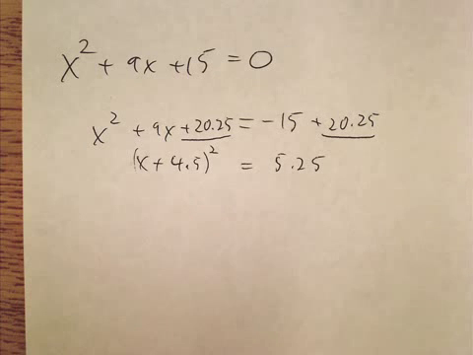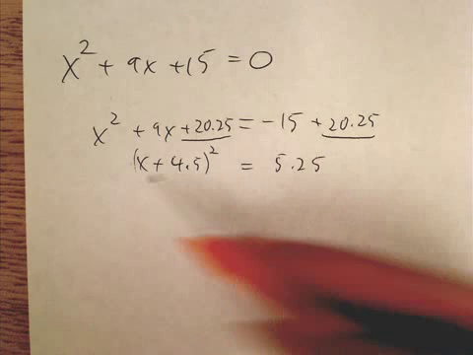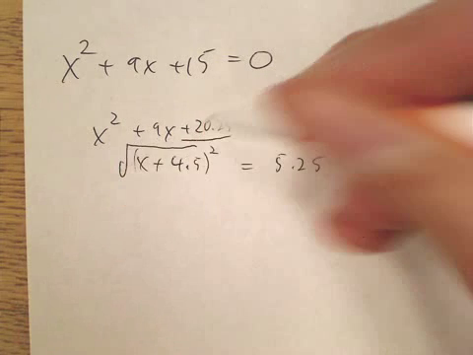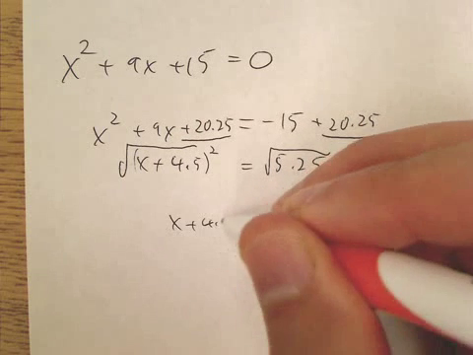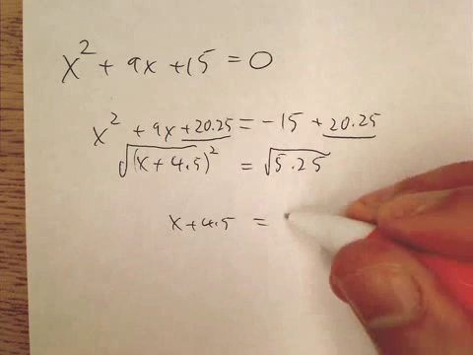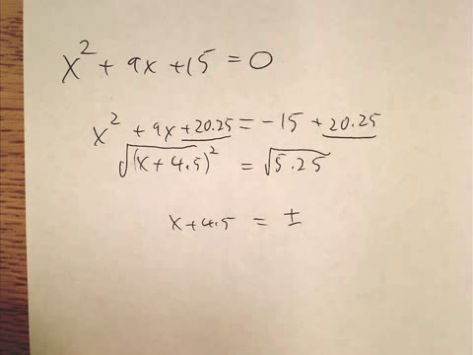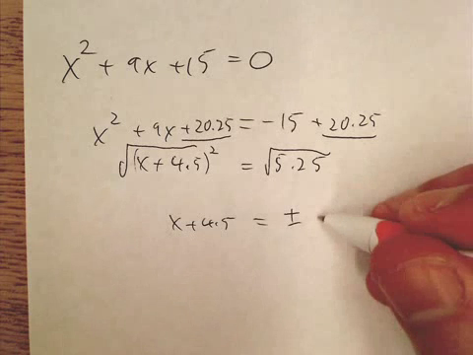Okay, next thing, square root both sides and then subtract the 4.5. So square root both sides gives me x plus 4.5 equals plus or minus the square root of 5.25. I'm going to just double check it real quick. Does that have a nice square root? No, it doesn't. So just leave it.